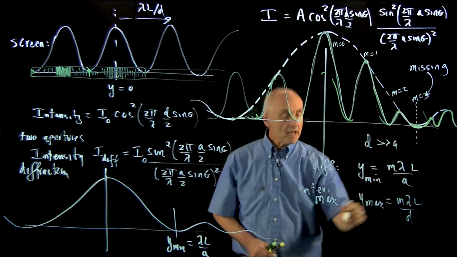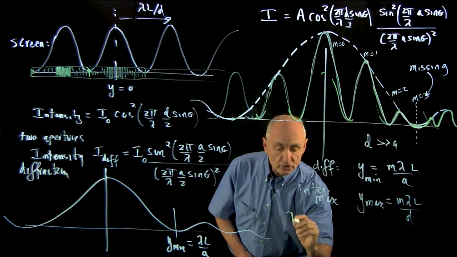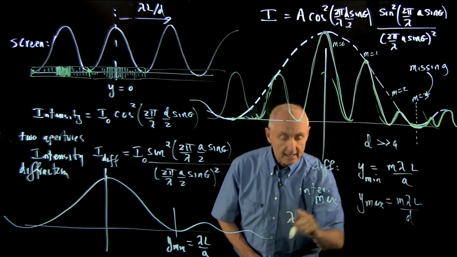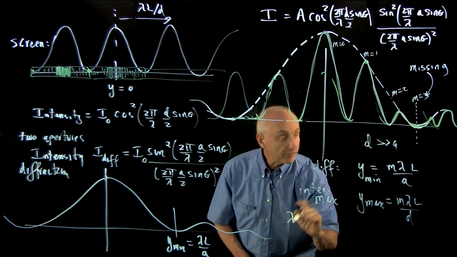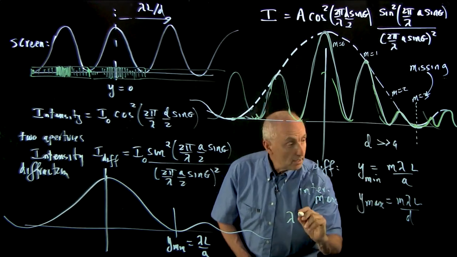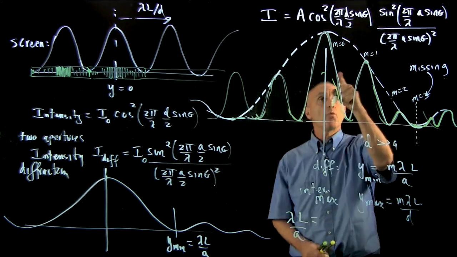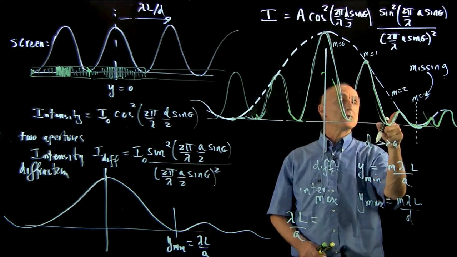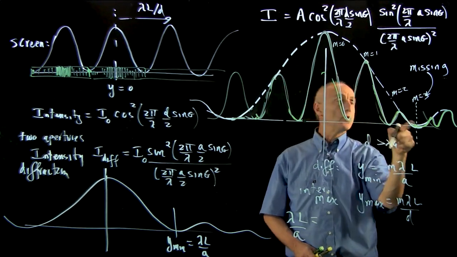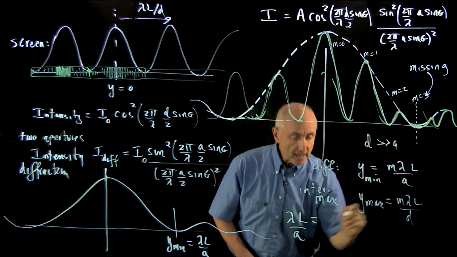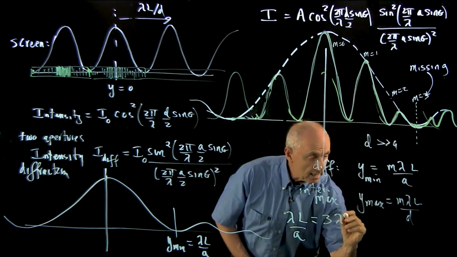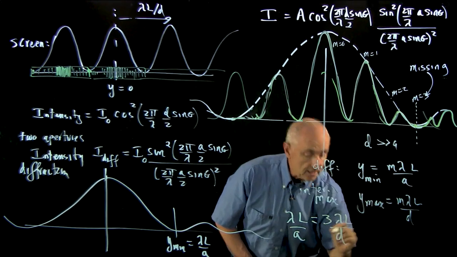And so we have the condition that the first diffraction minimum, lambda L over a, equals the third interference maximum, 3 lambda L over d.